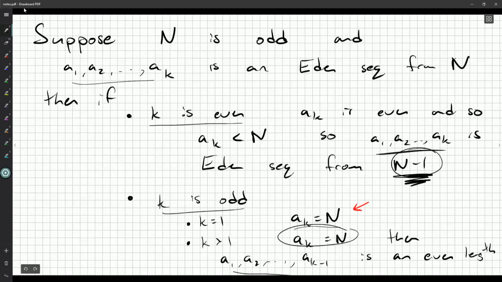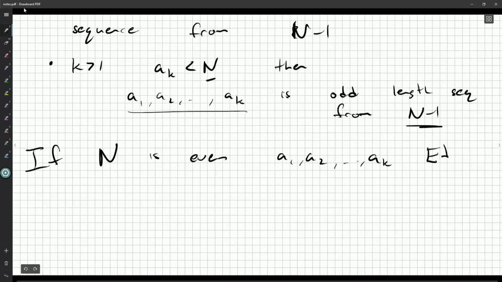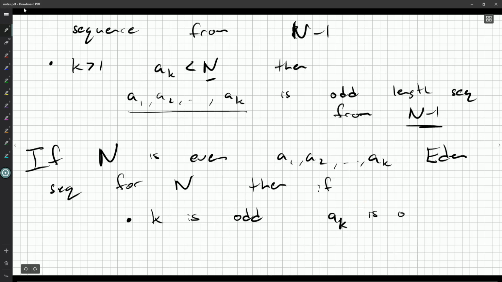So if this is an even sequence for n, and k is, so the first one we did was even, so if it's an odd length sequence, AK is odd, so AK can't be n, so AK has to be less than n.